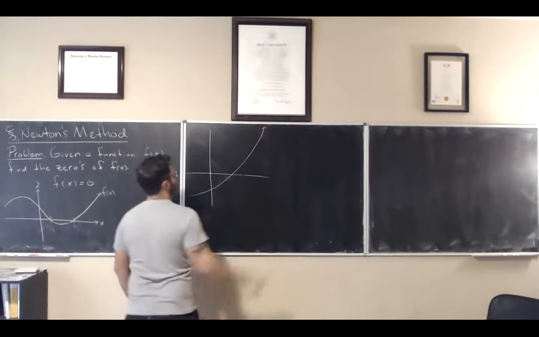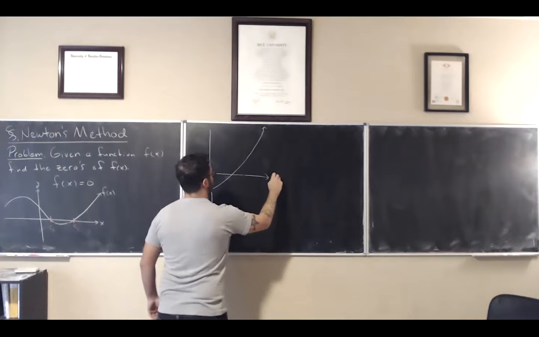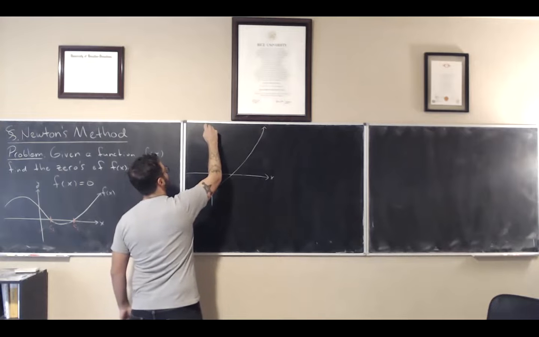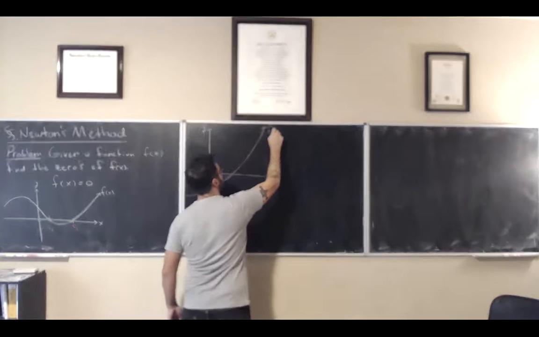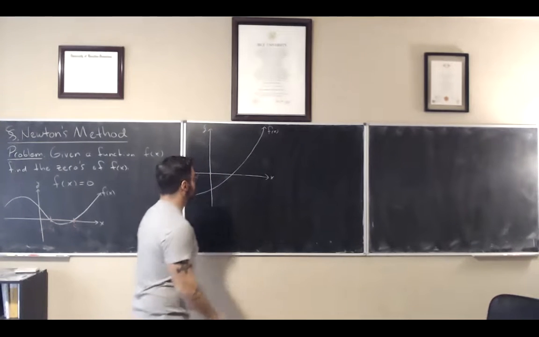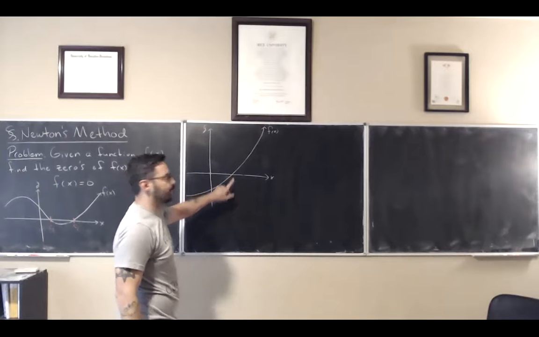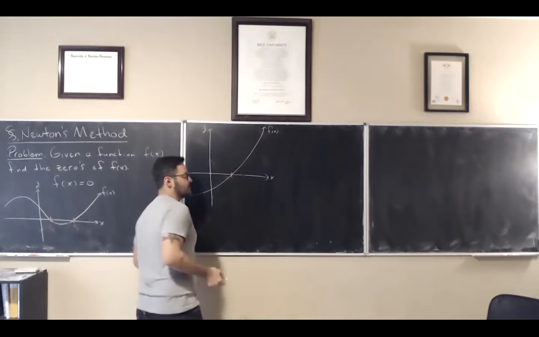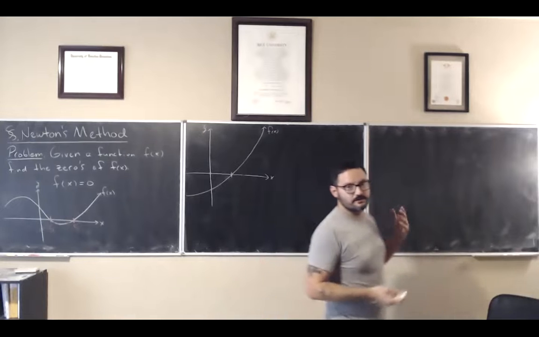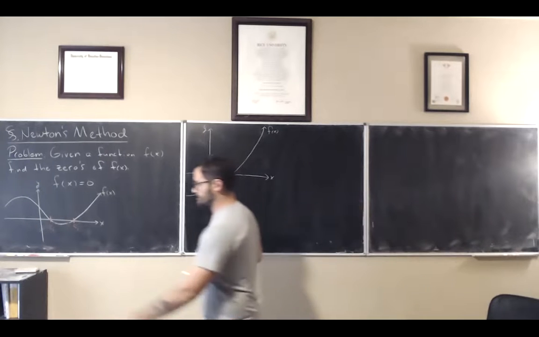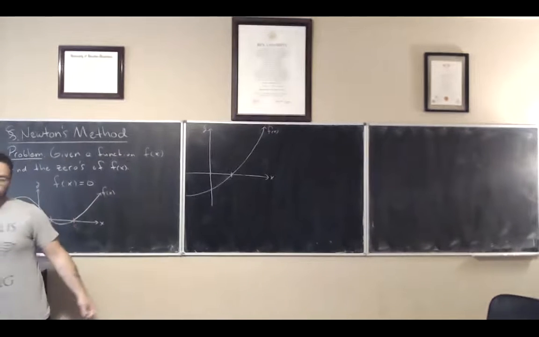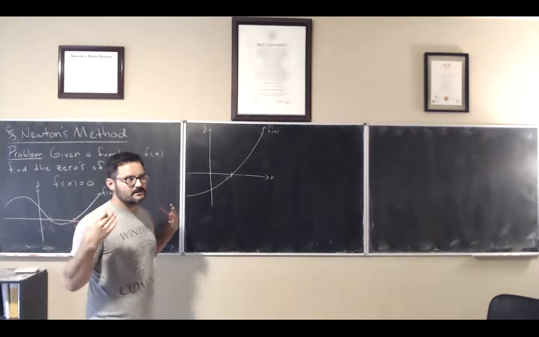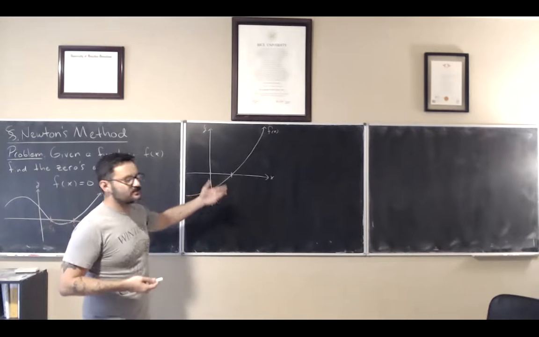Okay, I think that's big enough. So this is your function f, and we see that there's a zero right there, okay? And we don't know what that zero is. We have no idea what that number is, okay? And we don't even know what the graph of the function looks like theoretically, but with the picture we do.